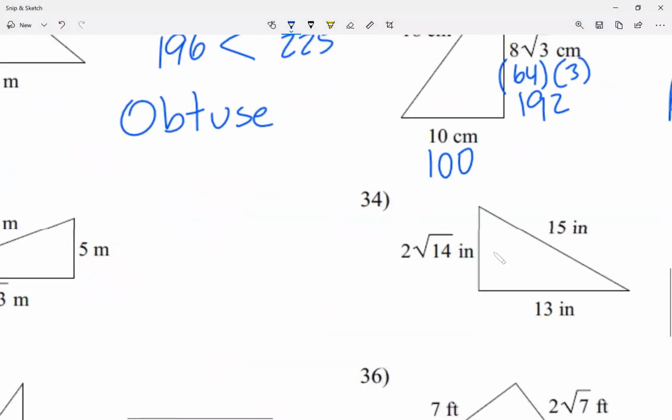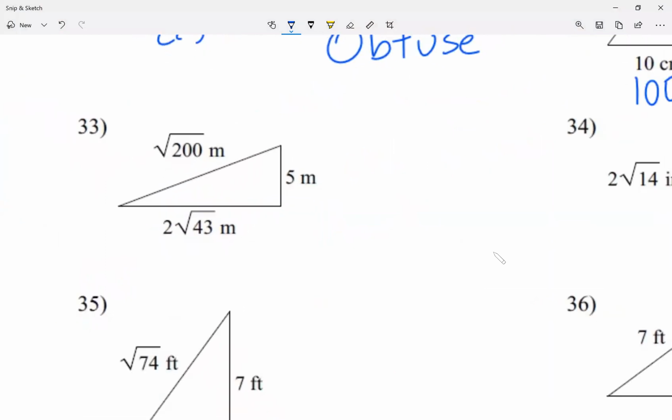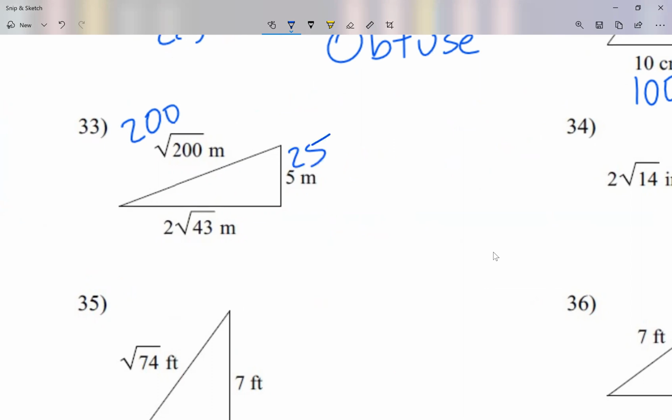Let's take a look at number 33. Let me square everything. Let me start with the easy number. Squared and radical: square root of 200 times the square root of 200 is just 200. You just get the number on the inside. Let me go with the 5. 5 squared is 25, right? Multiply by itself, 5 times 5. Now, 2 radical 43.